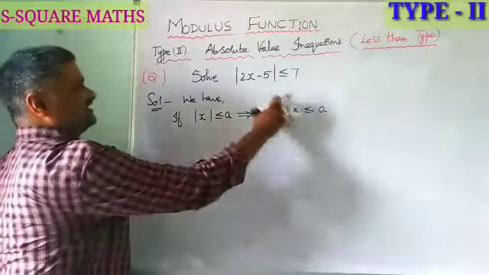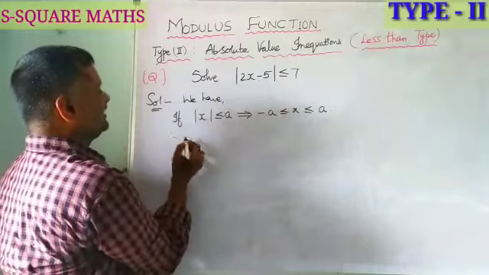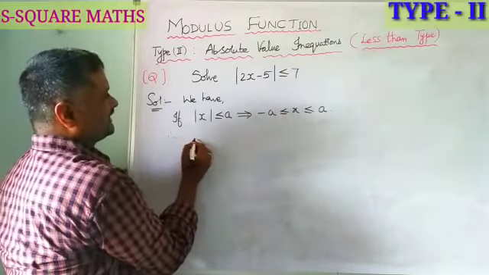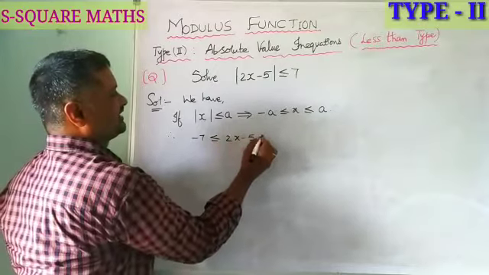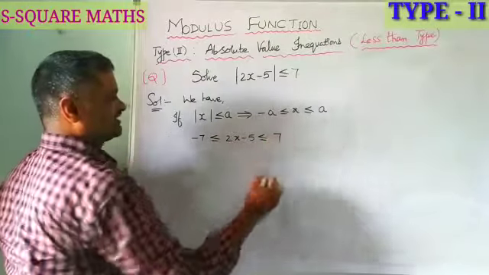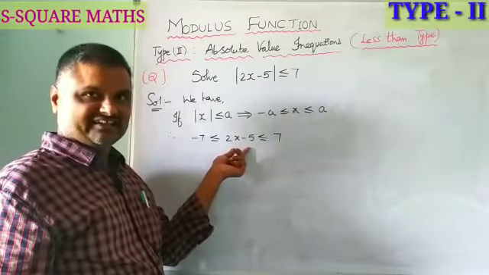So here x is nothing but 2x minus 5 and a is nothing but 7. Therefore I can write now minus 7 less than or equal to 2x minus 5 less than or equal to plus 7. My intention is to get the value of x here.